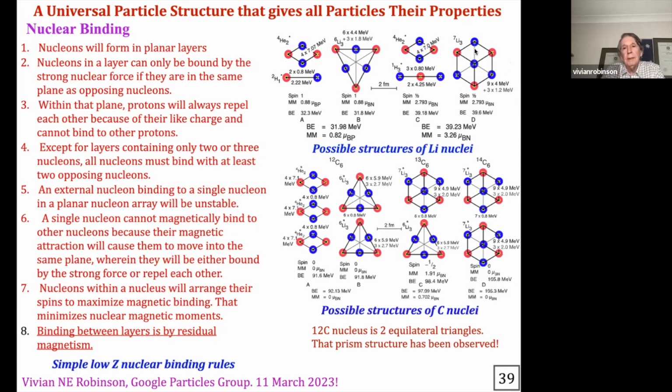It's hidden behind here, but there's an Li7, which is just putting a neutron in there. Li7 is actually the largest nucleus that can form in a single layer. You can tell the difference between these: the alpha particle has the strongest charge density, and lithium has the weakest charge density, because that's where the protons are furthest apart.